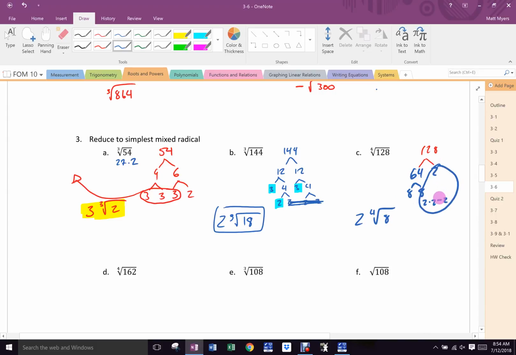There's a group of 4, so out comes a 2, and you're left with an 8 under there. I don't know how to make this clearer. I've talked about the factor trees a lot. Does it matter what order you do them in? No. As long as you recognize that you need groups of whatever group you need. But you have to keep going until you get to that group.